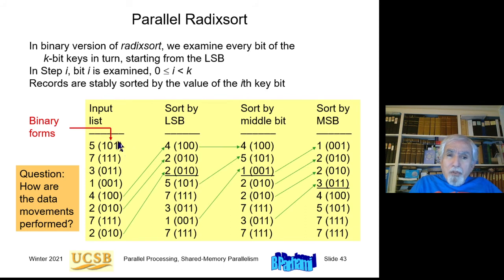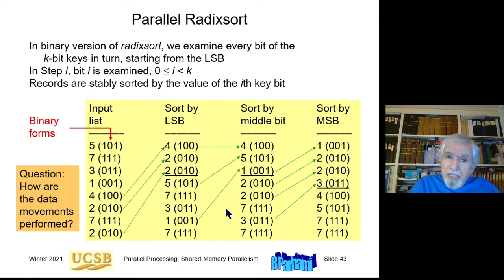Okay, I sort these numbers by the least significant bit. The least significant bit of 5 in binary is 1, 7 is 1, and so on. I put all the ones that have least significant bit equal to 0 at the top, and all the ones that have least significant bit equal to 1 at the bottom, maintaining the order. This is a key requirement.